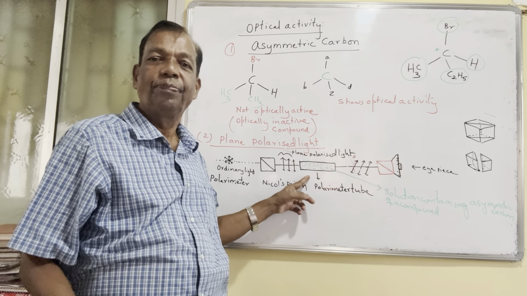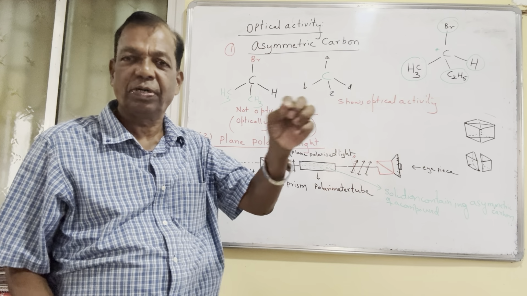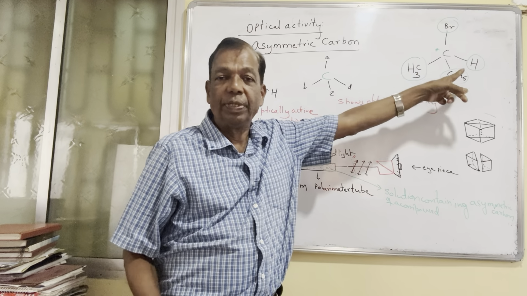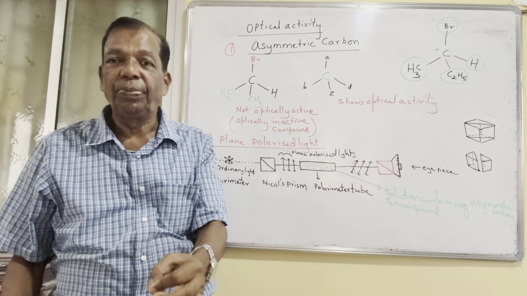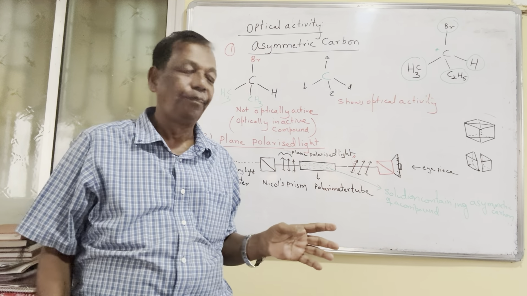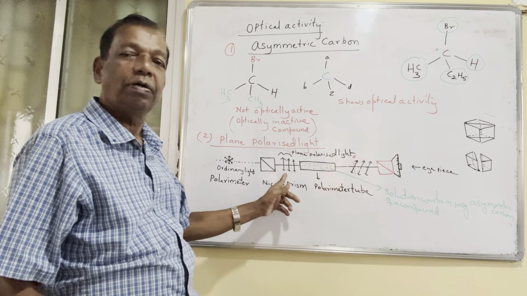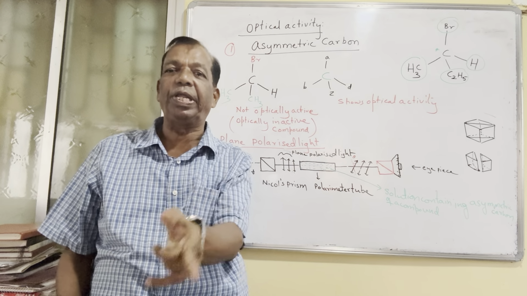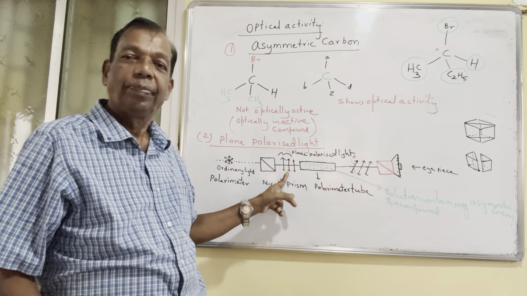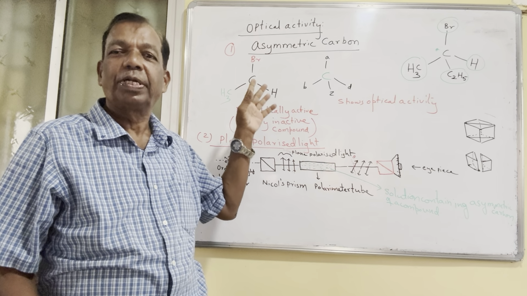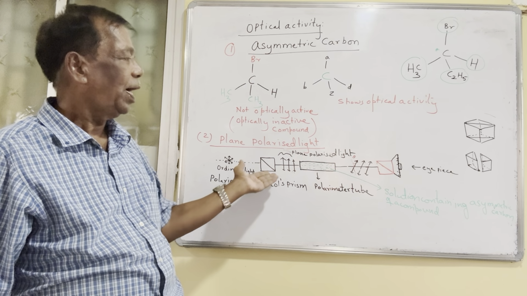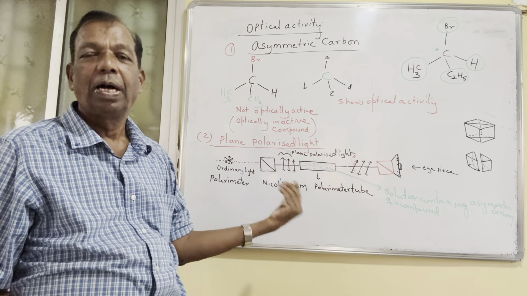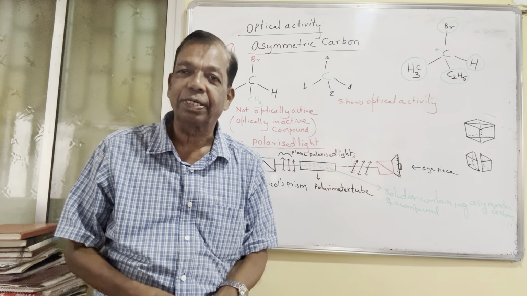Compounds containing asymmetric carbon, capable of rotating the plane of plane polarized light, either to the right or to the left, are called optically active compounds.